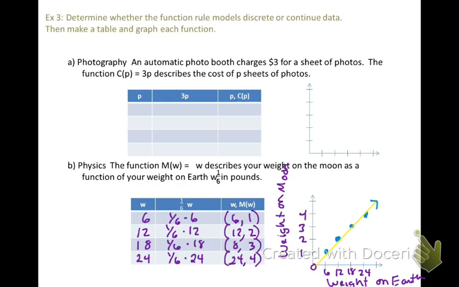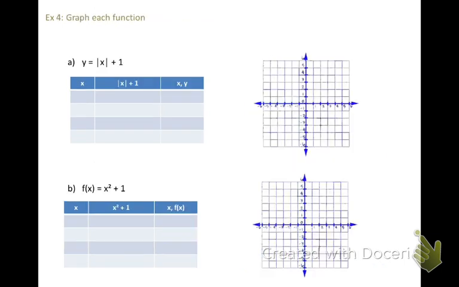Now I'm going to go to example 4. This is called the absolute value. I'm going to do 5 numbers. I hate to say this, but I didn't have enough graphs, so with absolute value, you're going to have 5 numbers. You're going to have -2, -1, 0, 1, and 2. Those are the 5 numbers I want you to use.